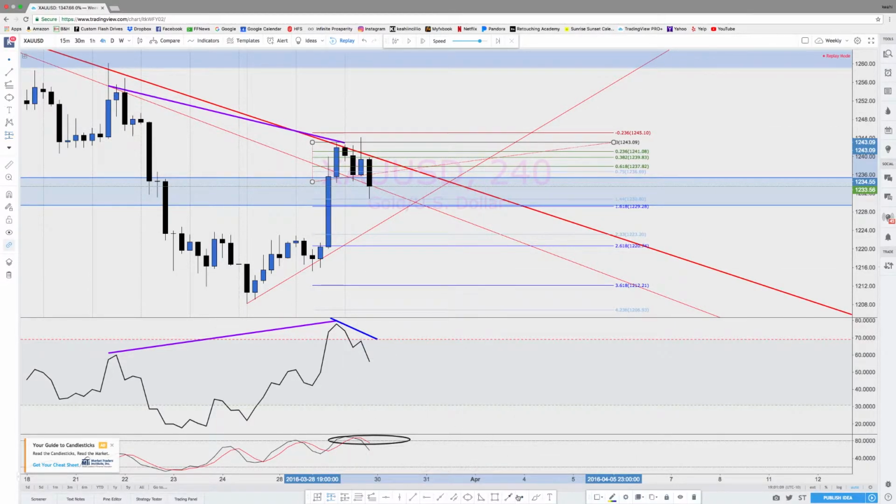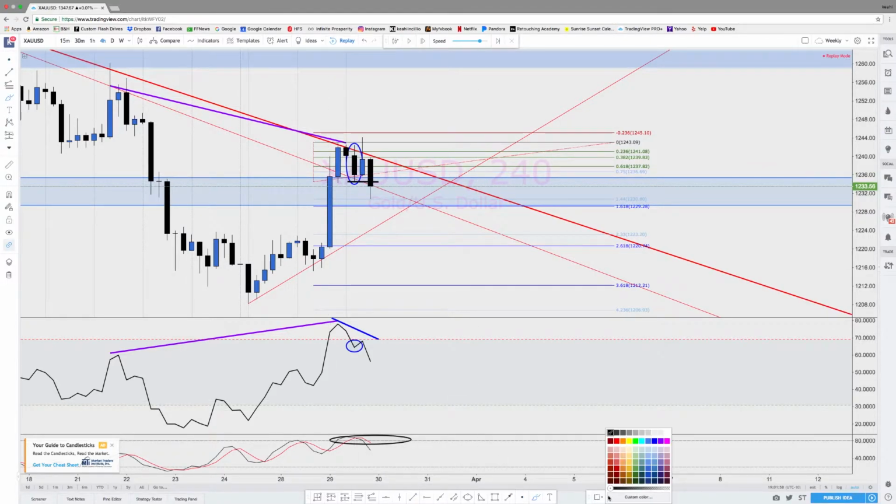Okay, let's do this now. We'll say, here is our level. Here's our control level. Here is that candle in our bearish regular divergence. Now, price broke, and closed below that level.